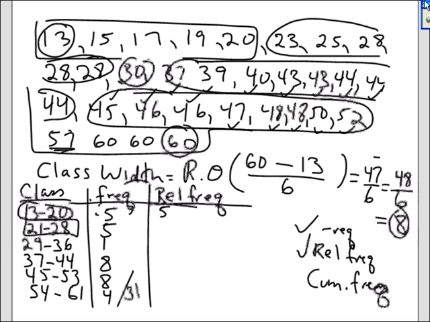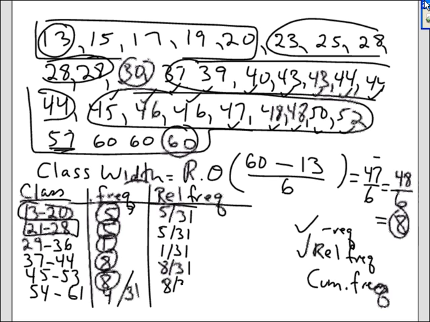And the answer is 5 out of 31. The next one is also 5 out of 31. The next one is 1 out of 31. And then 8 out of 31. And then 8 out of 31 again. And the last one, of course, is 4 out of 31.